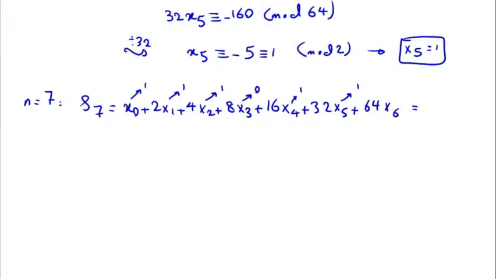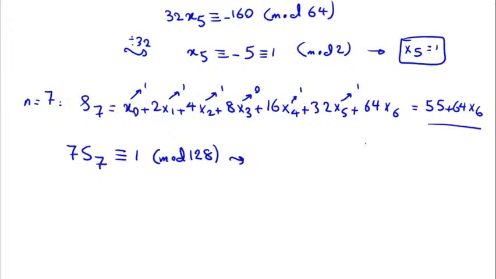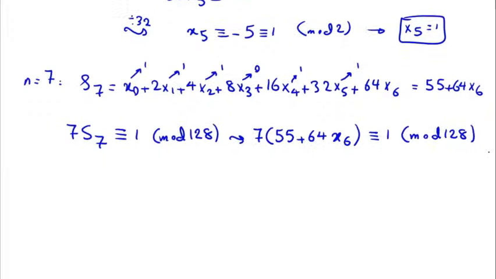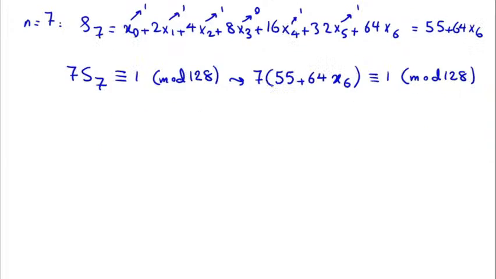So it will be what? 7 plus 16, 23 plus 32, which will be 55, plus 64x6, and 7s7 mod 128 should be 1. Now, if we replace s7 with this, it will be 7 times (55 plus 64x6) congruent to 1 mod 128. So, let's calculate.